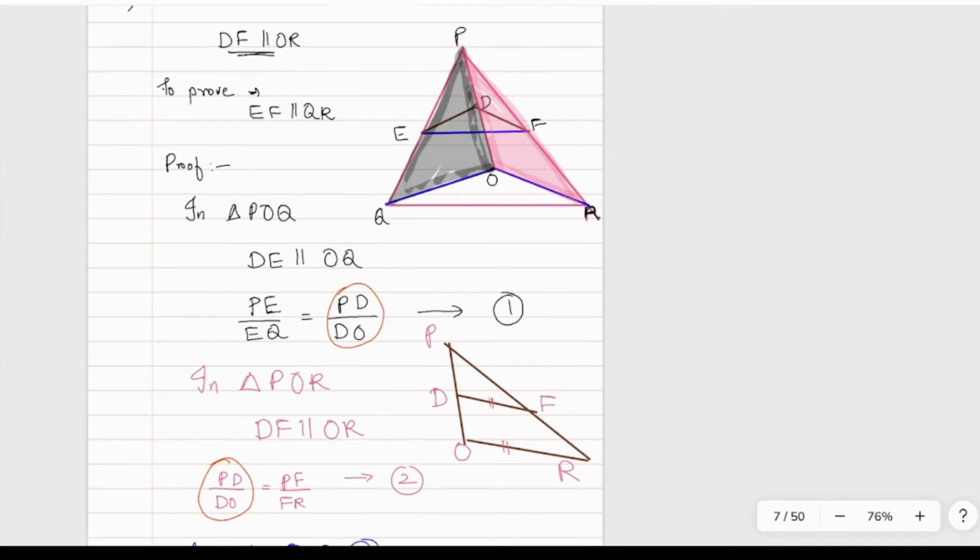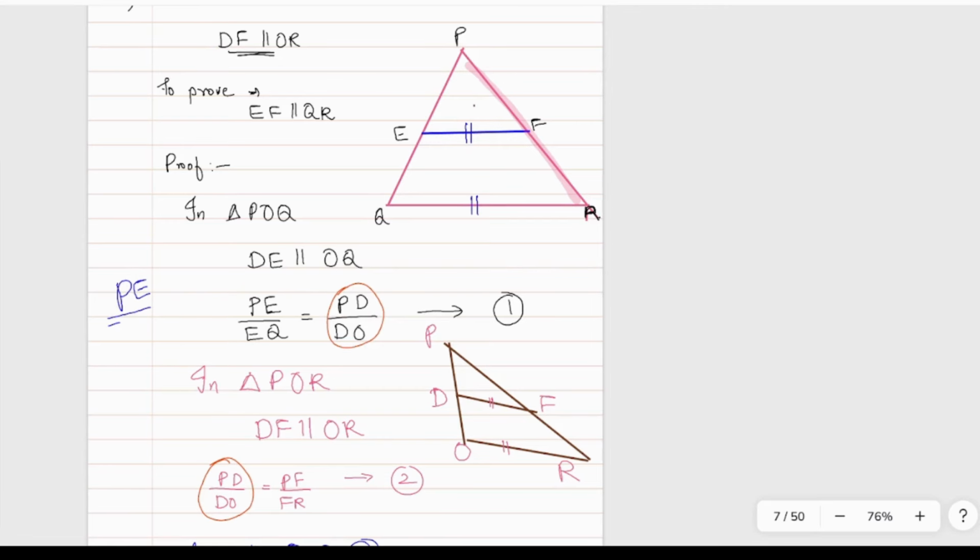Which triangle do we have to check? This triangle. What is EF? Remove everything else. Remove this part, this part, this part, and everything. At the end we are getting EF and QR, right? Now if EF is parallel to QR, then what should we get?